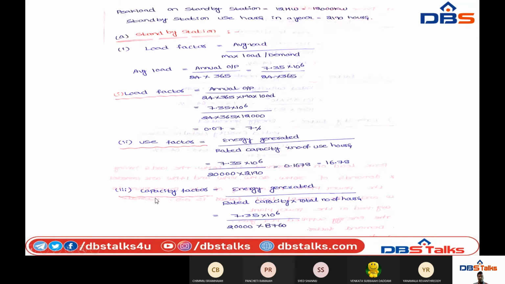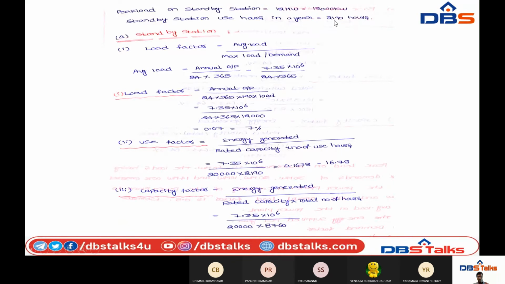After that, capacity factor: we get it using energy generated divided by rated capacity times total number of hours. Students, observe this equation. These two factors are similar, but with a small variance. In use factor I use the number of use hours, already given as 2190 for the standby station.